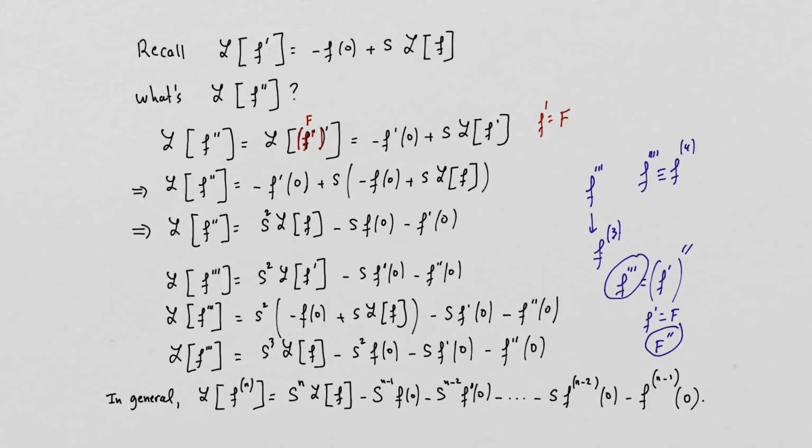And I'm going to use the same trick. So it's s squared, look here. So f triple prime, I'm going to think of it as something double prime, capital F double prime. So the Laplace transform of capital F double prime is, just look here, s squared times the Laplace transform of f prime, not f, but f prime now, minus s f prime of 0 minus f double prime of 0.